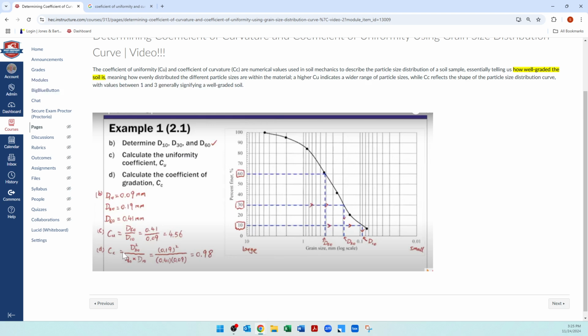And the coefficient of curvature is the 30% diameter size squared divided by the 60% diameter times the 10% passing diameter, which is right here. So we have a 1 and a 4.56. So that's going to be a well-graded soil in both cases.